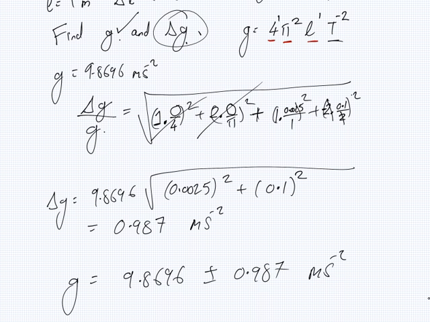It's like 0.5 seconds, and that is for 10 oscillations. So for 1 oscillation, over 10, 0.05. It was 0.5, the difference between T1 and T2.